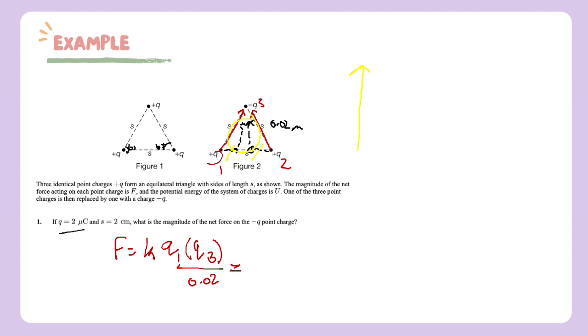If we put that into a calculator, K is 9 times 10 to the power of 9 times Q1, which is given as 2 microcoulombs, Q2 is 2 microcoulombs. In the equation, we don't put negative and positive. Everything is positive, because in the equation we're just finding magnitude, not direction. And then divide by 0.02. Don't forget the square. I forgot to write the square in here.